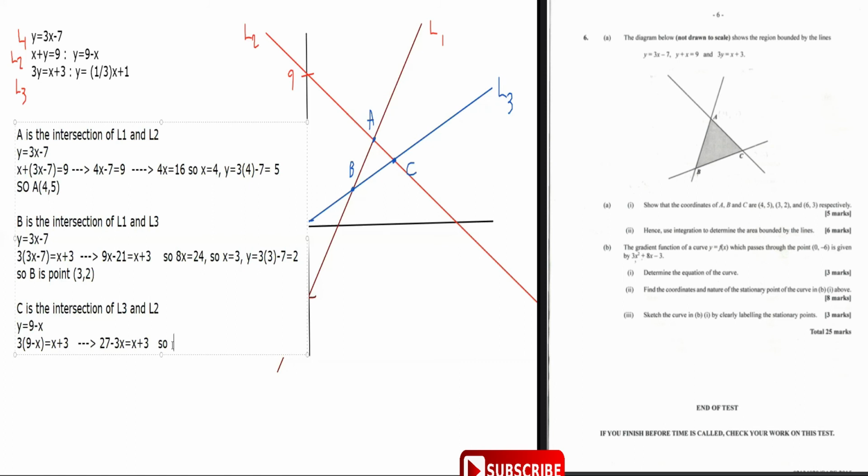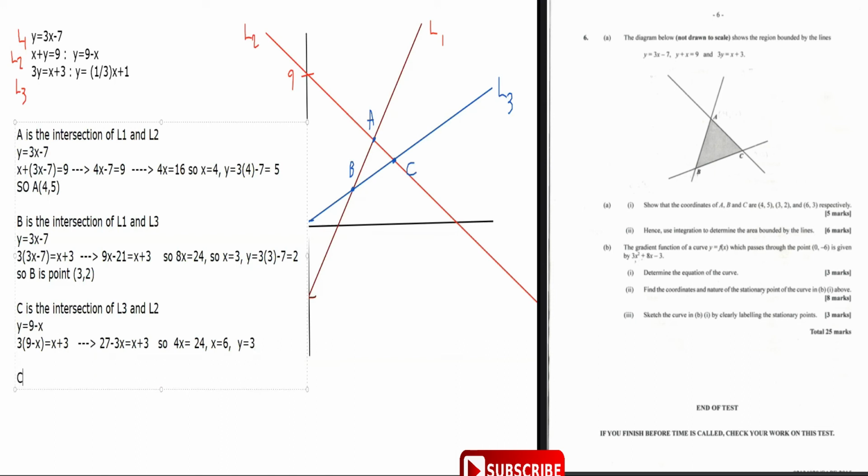Bring over the 3x, we get 4x. Bring over the 3, we get 27 minus 3, which is 24. And so x is equal to 6. If x is equal to 6, y is going to be 9 minus 6, which is 3.